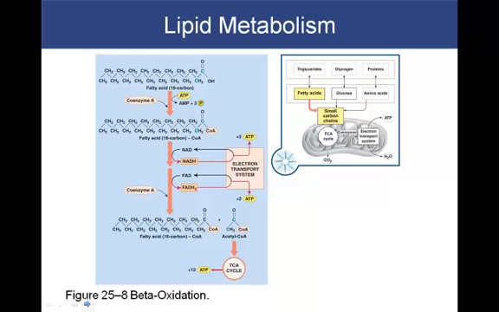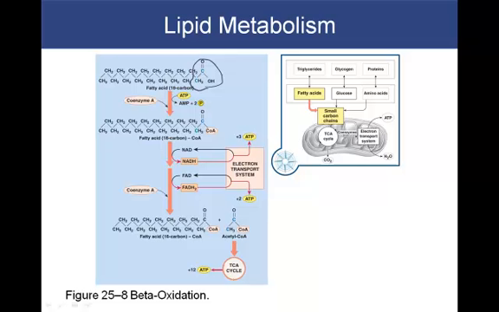This is a fatty acid, and if you look at the structure of a fatty acid, it's just a very long chain of carbons and hydrogens. And at the very end, you have some oxygen thrown in.